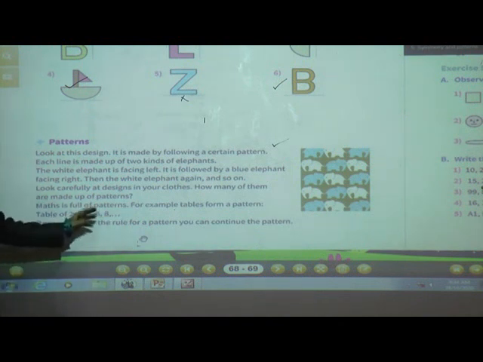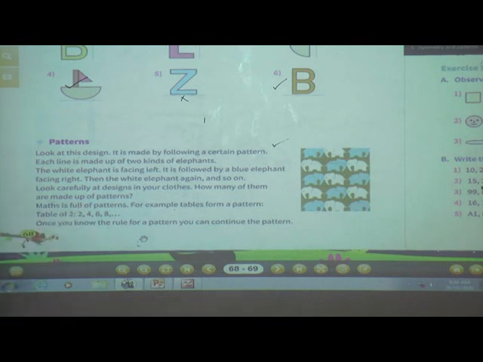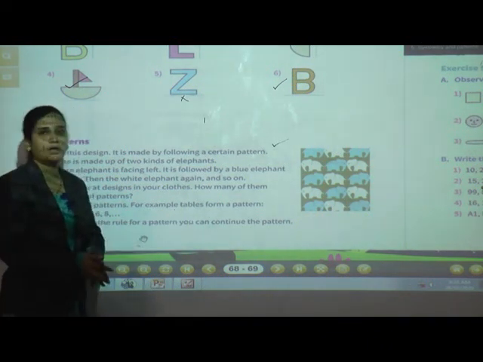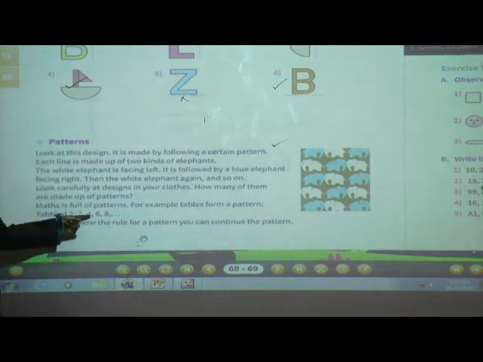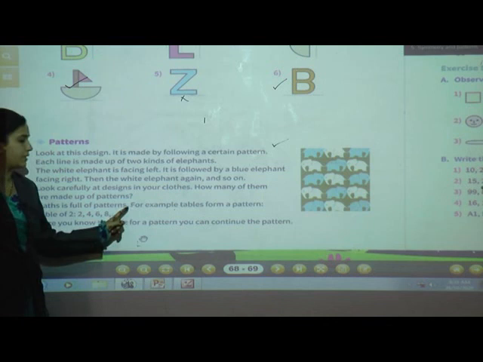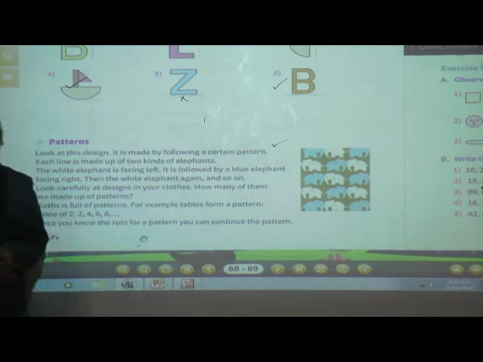That means in the table there is a difference of 2. This is also one type of pattern. Once you know the rule for a pattern, you can continue the pattern. Here we know there is a difference of 2, so we can write the next numbers also. So next will come 10, 12 and so on.